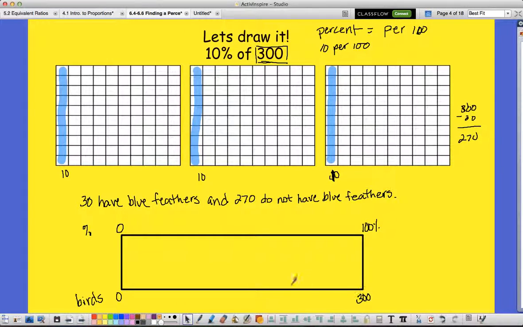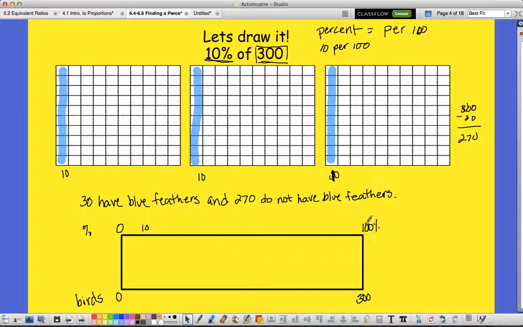Now we need to look for something that will give us 10 up here because we're looking for 10%. So we need something that will give us 10 up here, but also get us to 300 down here. If you count by tens, you can get to 10, and if you count by 10, you can get to 300. And we have to include the 100% up here.